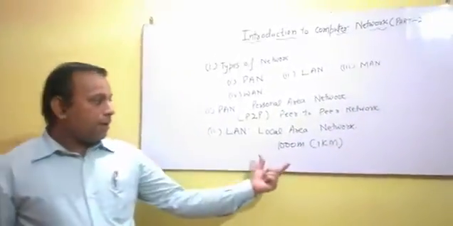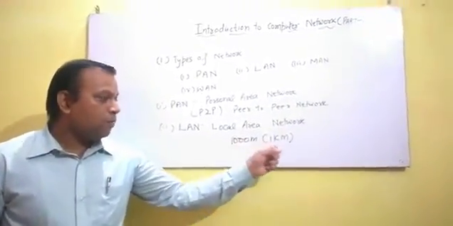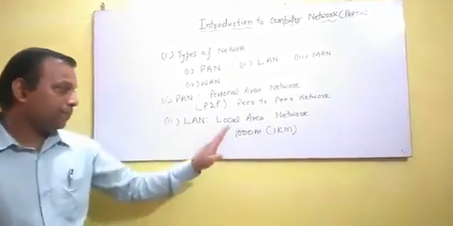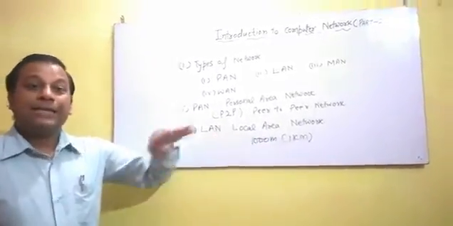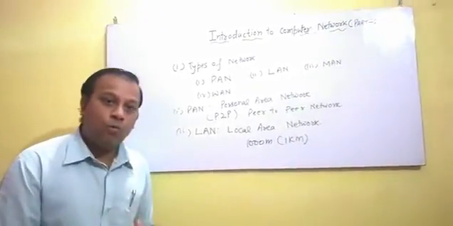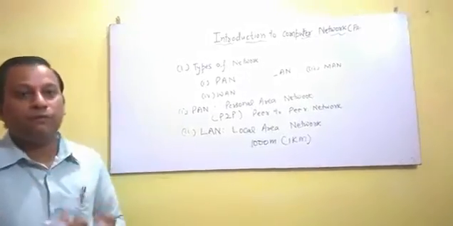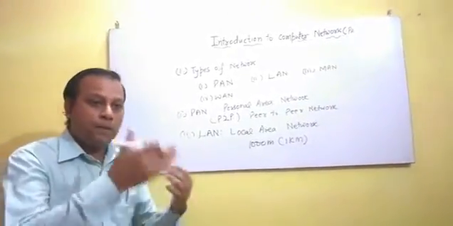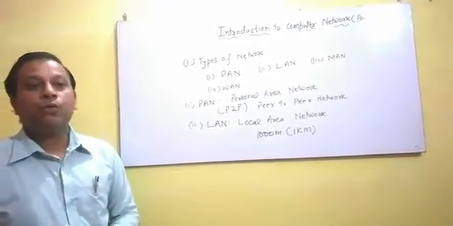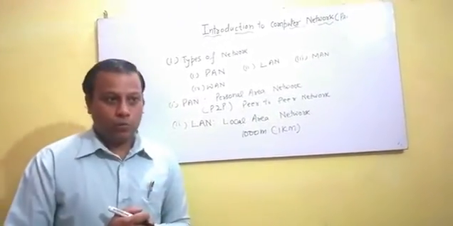If the connecting media that we are using is not more than 1 kilometer, then it is said to be a LAN. The LAN covers a limited geographical area within a home, within an office, within a building, or within a limited geographical area that combines one or two buildings or apartments also.